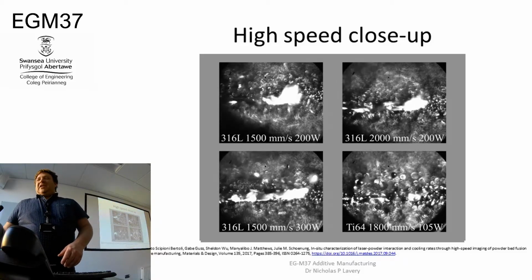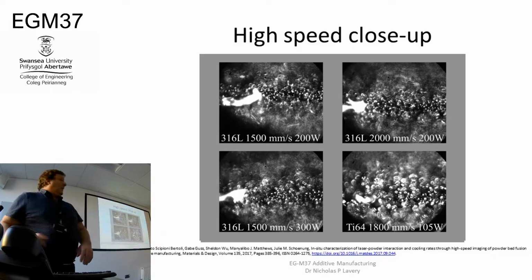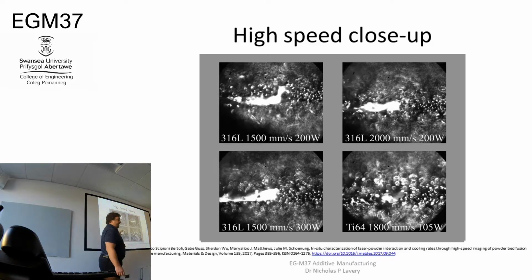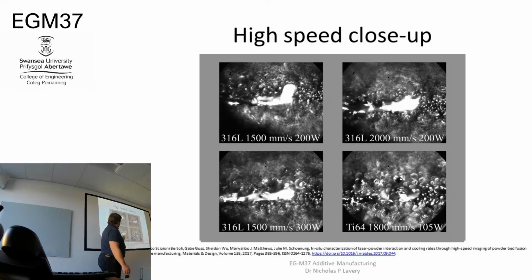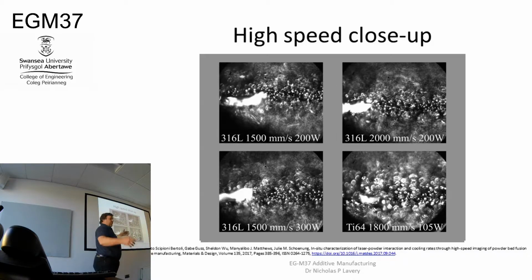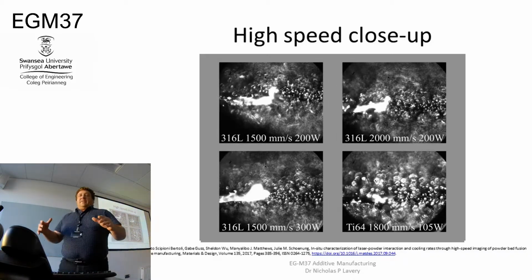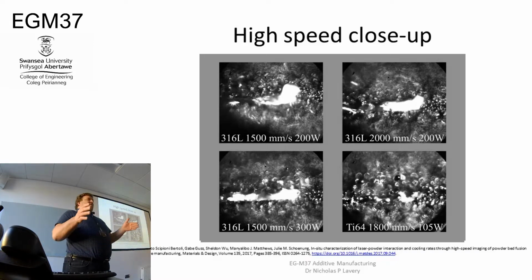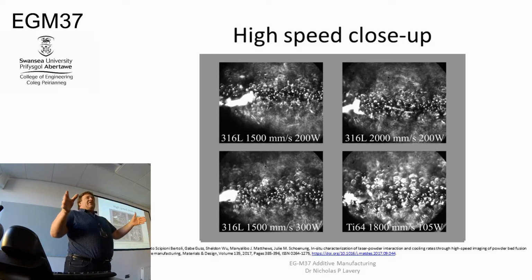You can see the laser going from left to right. You can see the main part of the melt pool, but you can also just about start to make out an effect called the denudation of the powder.